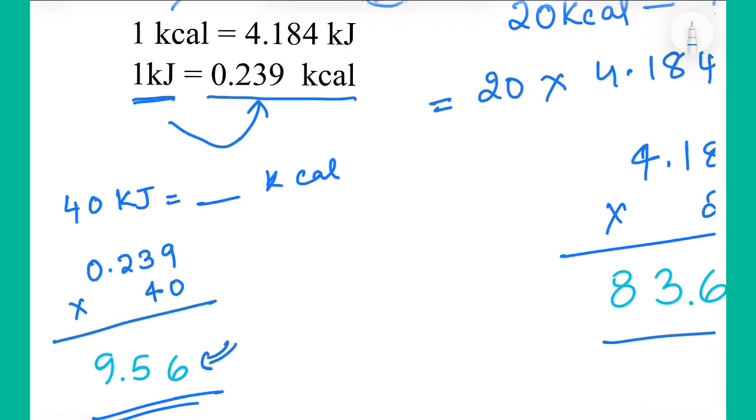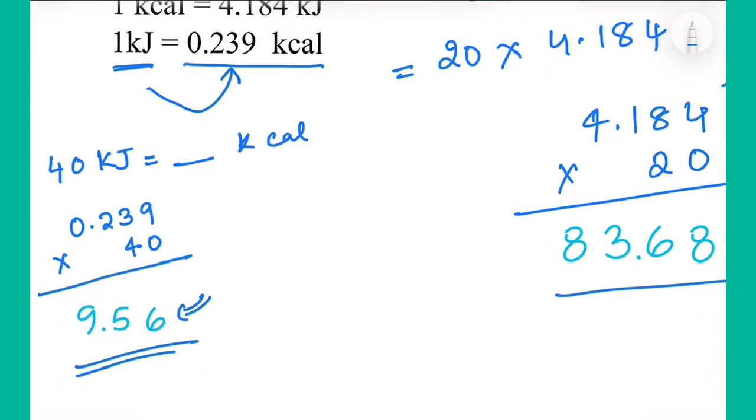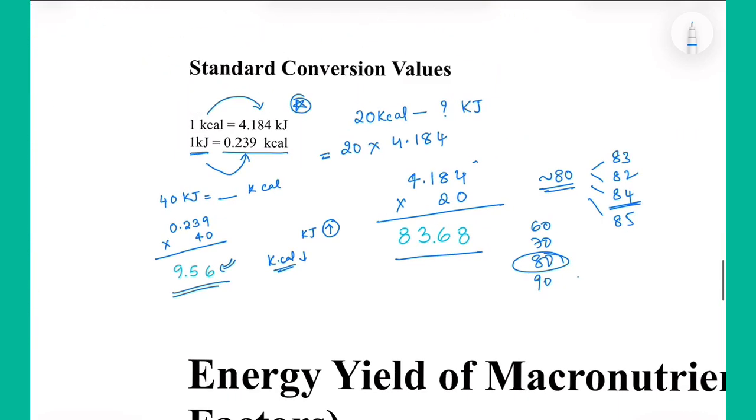And remember, kJ is greater in number and kcal is less. If you see, for 20 kcal, it is double the amount in kJ. Remember, these are only units. I'm just telling you in simple terms how you can remember.